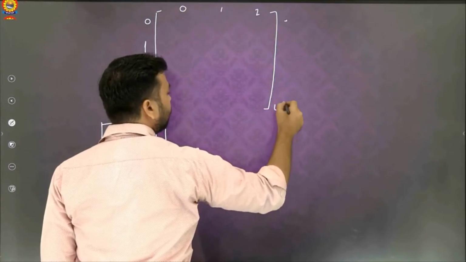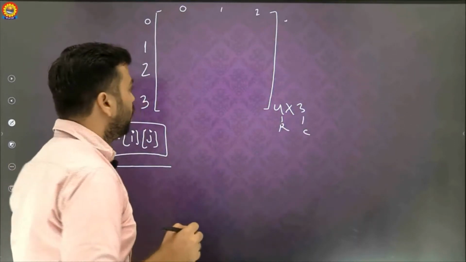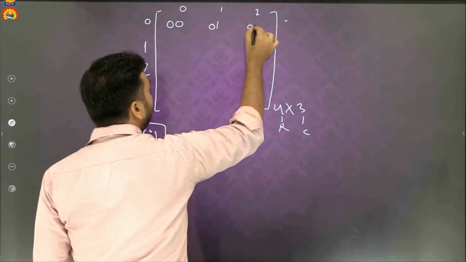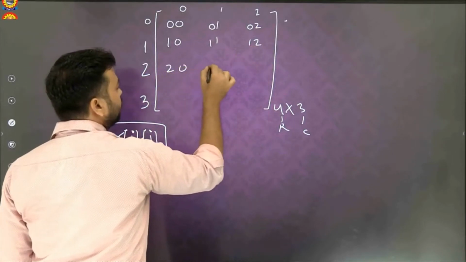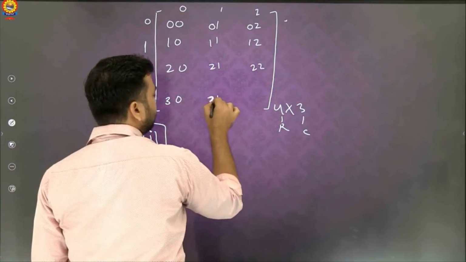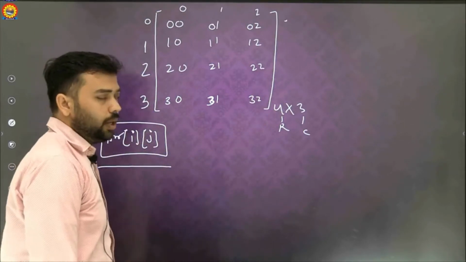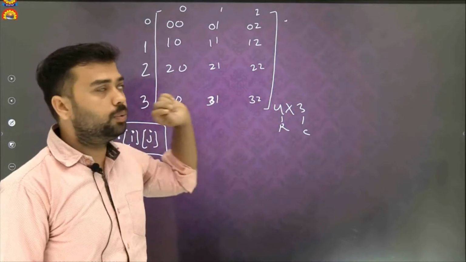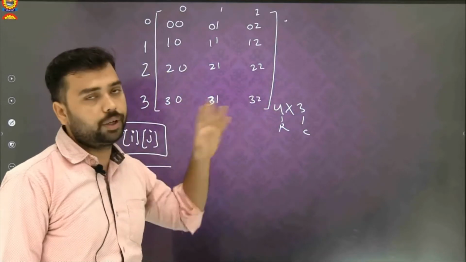We have 4 rows and 3 columns. Now we write the indices like this: 0,0; 0,1; 0,2; 1,0; 1,1; 1,2; 2,0; 2,1; 2,2; 3,0; 3,1 and 3,2. So we have in total 4 into 3, 12 elements having these indices.